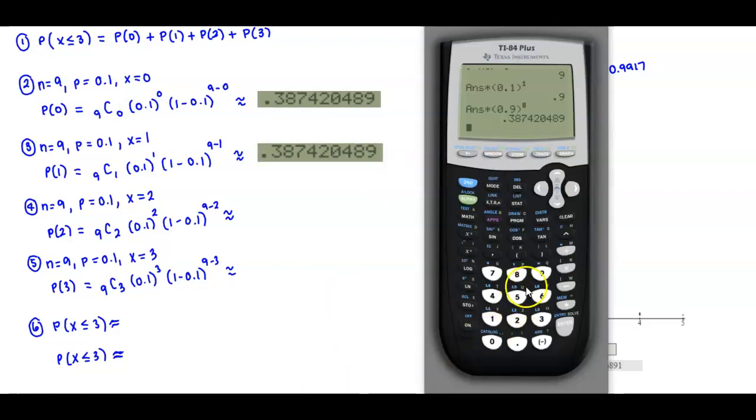Okay, let's do the second one here. So we have 9, math, probability. The value of x is 2, hit enter, and then we multiply that by 0.1 to the power of 2. And then we multiply that by 0.9 to the power of 9 minus 2, which is 7. And that gives us the following number.